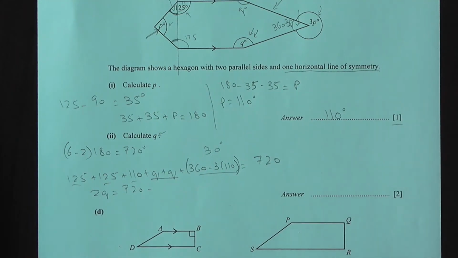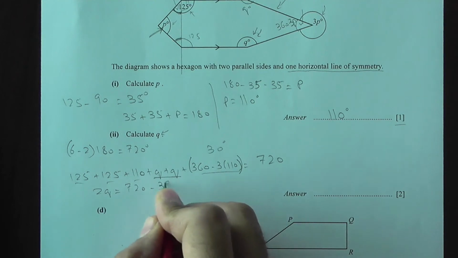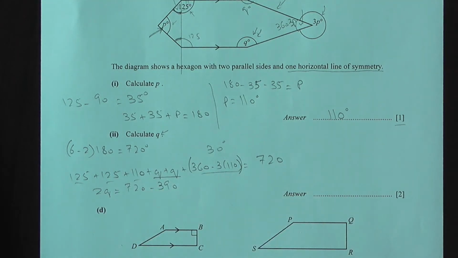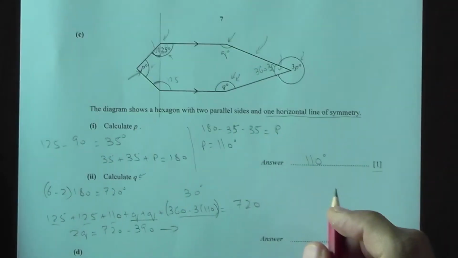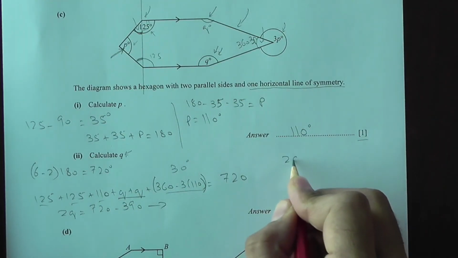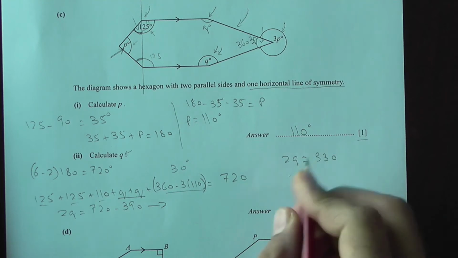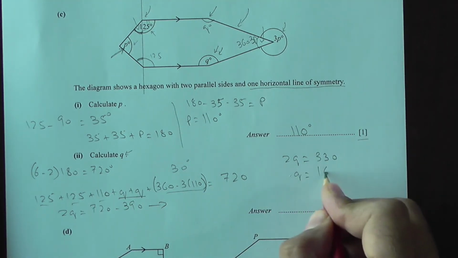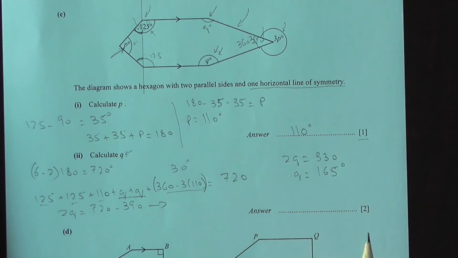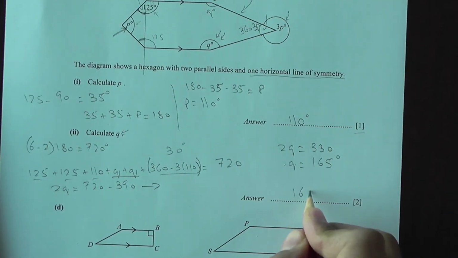And then we add 30 plus 110 plus 125 plus 125, and this brings us to 390. Then we subtract 390 from 780. This gives us, and let's do it over here, 2Q is equal to 330, and then you divide 330 by 2 and Q comes out to be 165 degrees. So we write our answer over here. This is going to be 165 degrees.